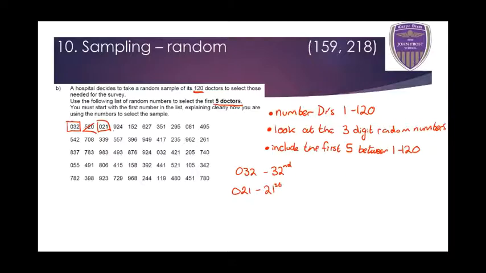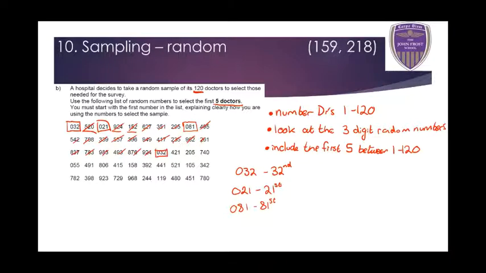We can't have 924 because it's higher than 120. Can't have 152 because it's higher than 120. You would just go through the list until you reach numbers that are between 1 and 120. So we've got 081 here, that means we're going to pick the 81st doctor as well. He's going to be one of our 5.